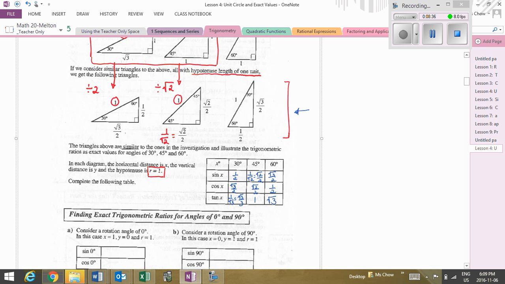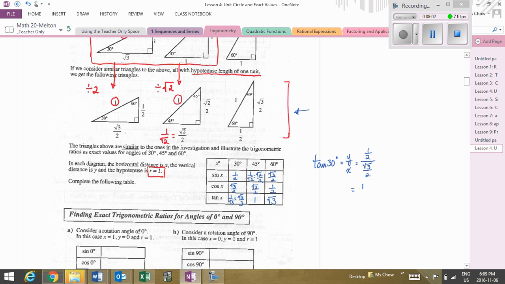A little bit more difficult with these triangles when we have tangent of 30, because then it's opposite over adjacent, or 1/2 divided by root 3 over 2. So tan of 30, if we're looking at the radius of 1, is y over x, or 1/2 over root 3 over 2.